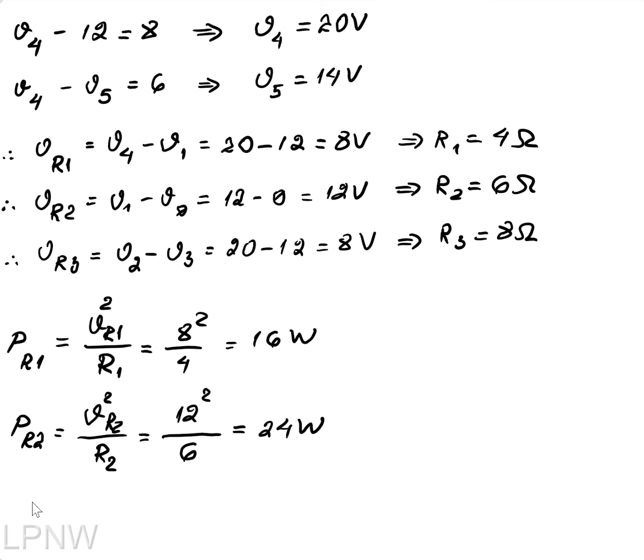And the last calculation, the power related to resistor R3, is the voltage squared across R3 divided by the resistance of R3, which is 8 squared divided by 8.